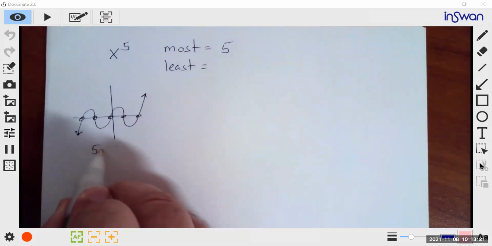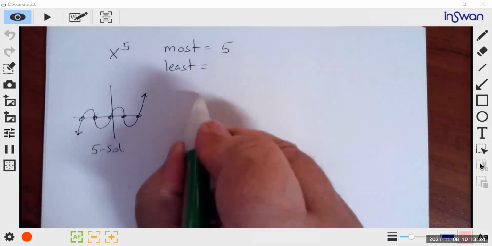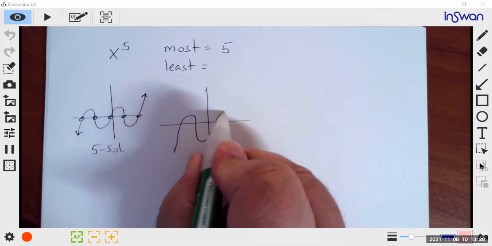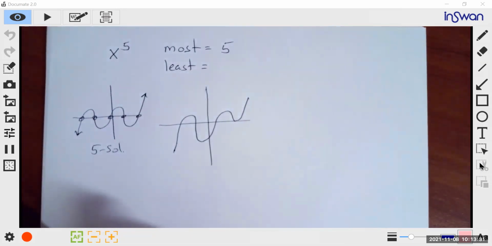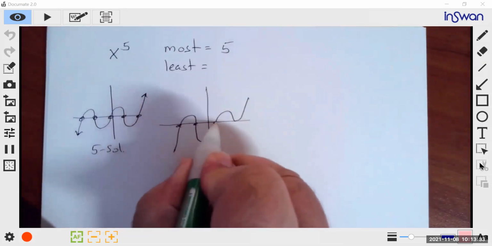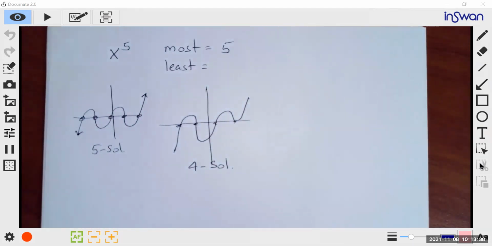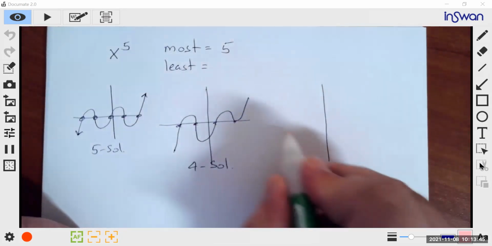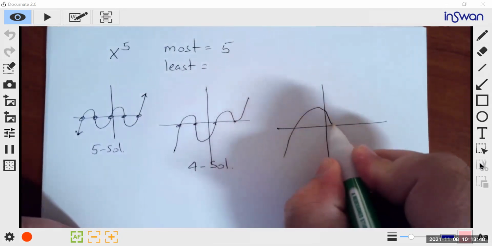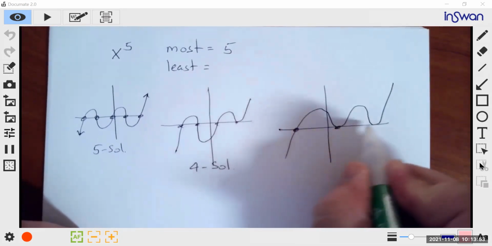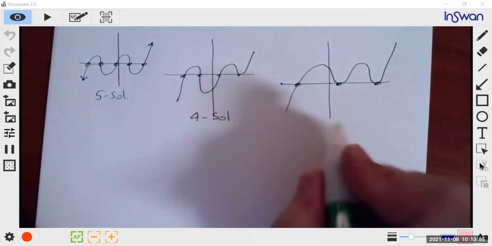So we can have 5 solutions. We can have 4 solutions. We can have 3 solutions.